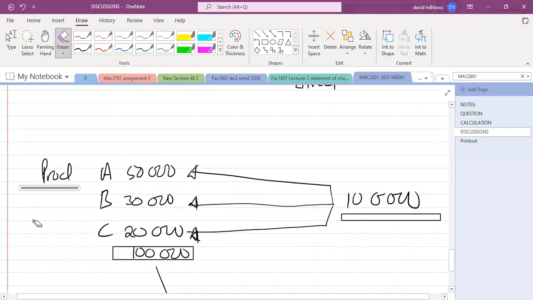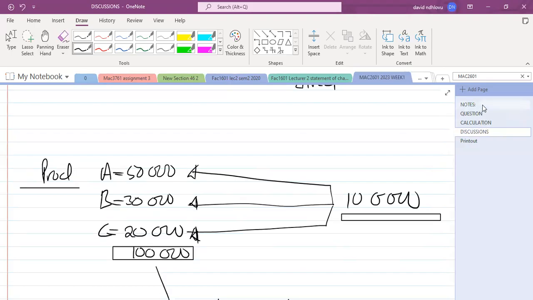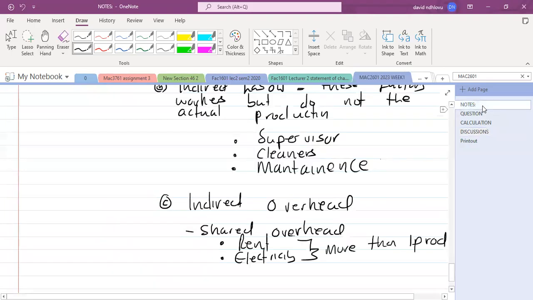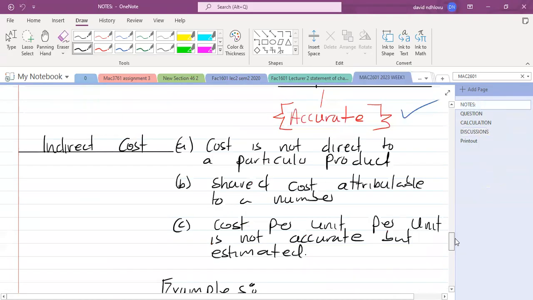But then someone might say, are the products exactly the same? Do they take the same amount of time to produce? If the answer is no, it means this is just an estimate. It's not accurate. You just have to have something to use to share the cost. But whatever method that you use to share the cost, usually it will just simply be estimation. As long as you've got estimation in the equation, then you are dealing with an indirect cost. Right, are we clear, good people?